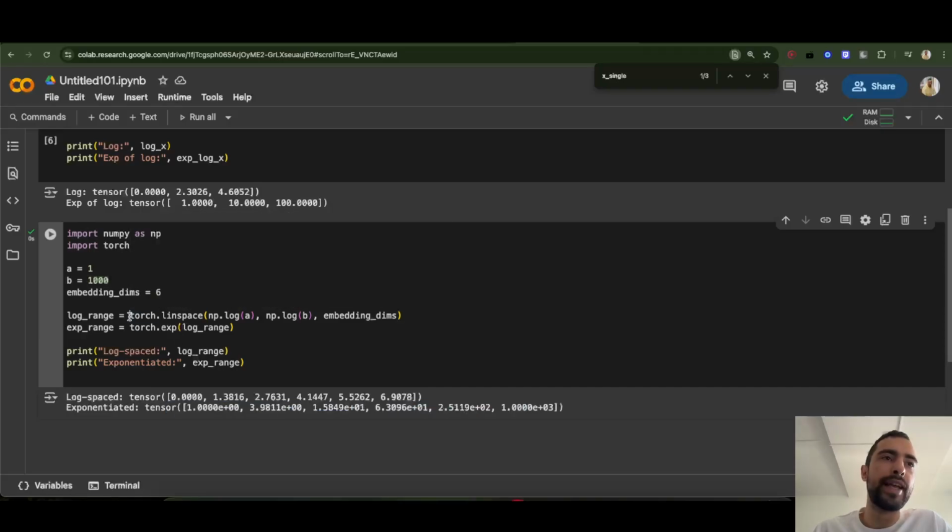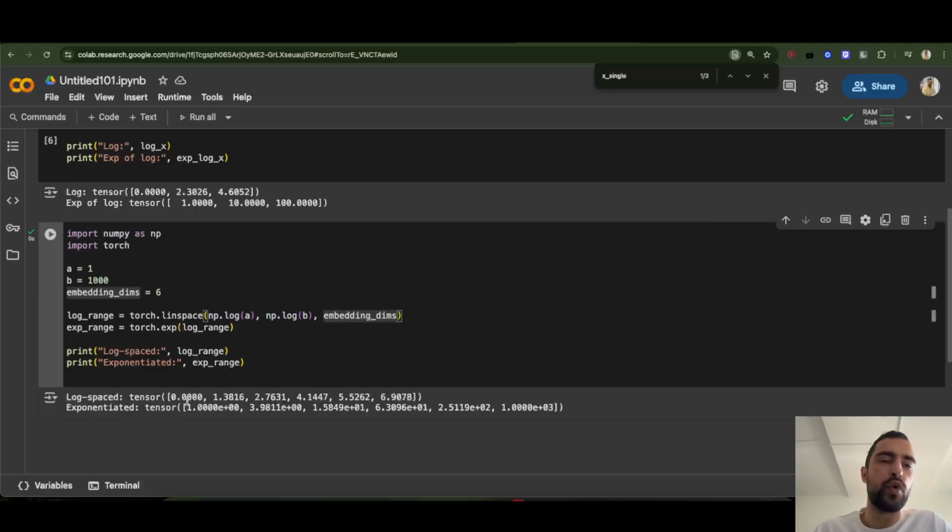So we take linspace from log of A to log of B. So from log of 1 to log of 1000. So that's going to be 0, log of 1 is 0, to log of 1000 is 6.9. And we take 6 steps.